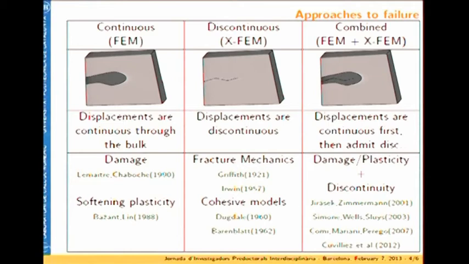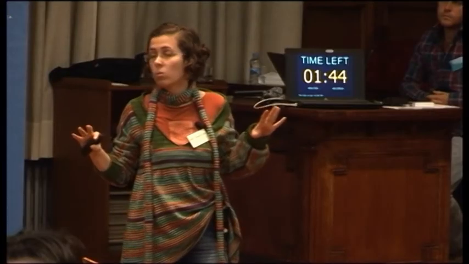The idea is that they start with displacements which are continuous, but somewhere in the middle of the computation they switch the model and start to use discontinuities. By means of this combined strategy, we are able to simulate the whole process, from the very beginning when the structure is not damaged at all, to the final step.